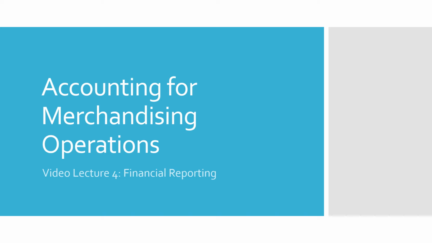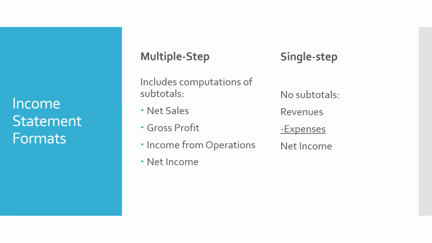In this final video for merchandising operations, we're going to be talking about some financial reporting issues. For a merchandising company, there are two different income statement formats they can choose. One is known as a multi-step income statement, which includes computations of subtotals such as net sales, gross profit, income from operations, as well as net income.